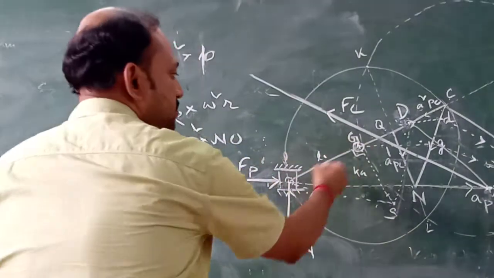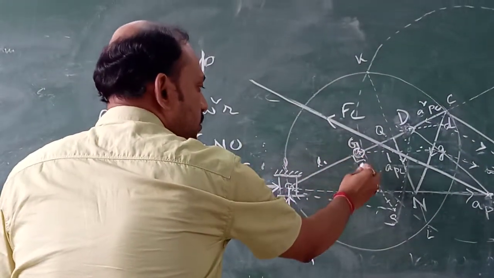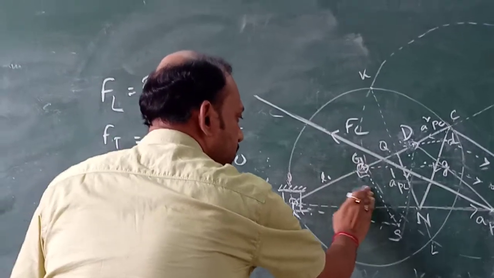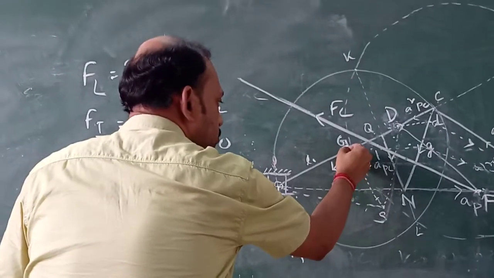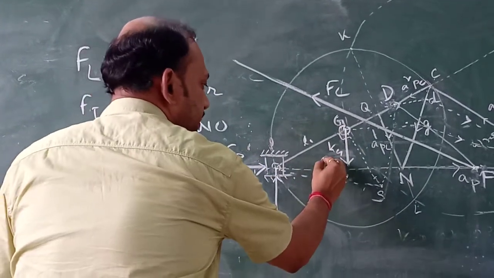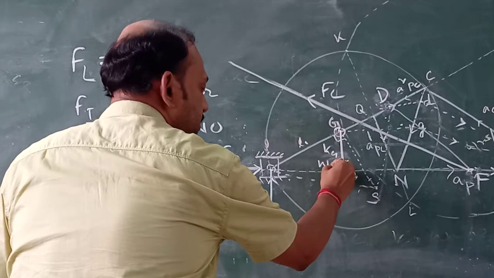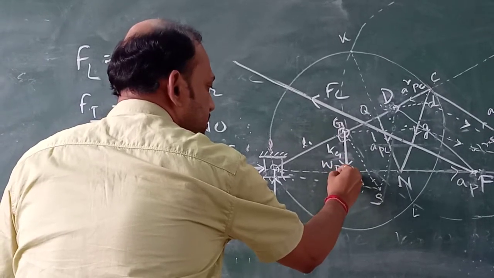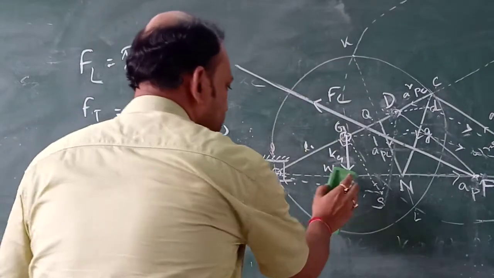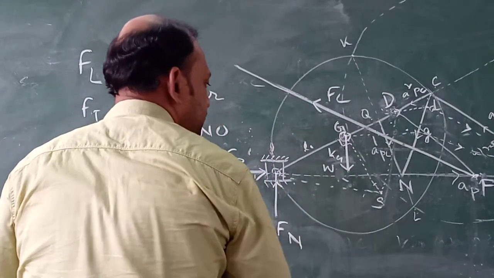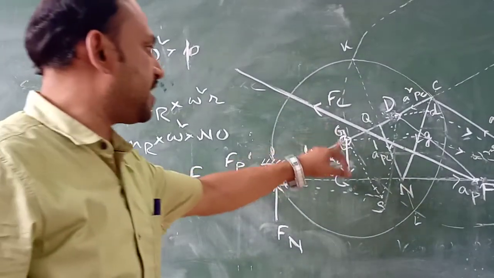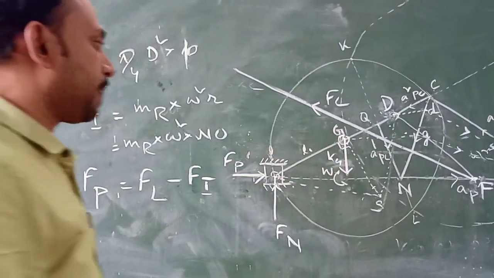As there is a load of the connecting rod, we know that this weight will be acting in the downward direction. That means W, we can name it as WR or WC specifically. WC is the weight of the connecting rod. This is acting in the downward direction.